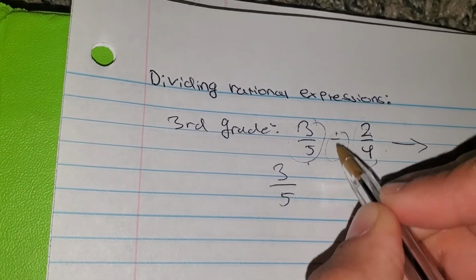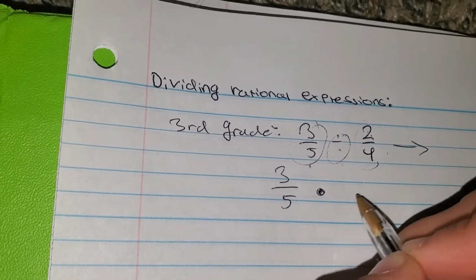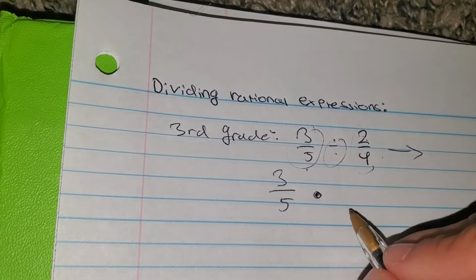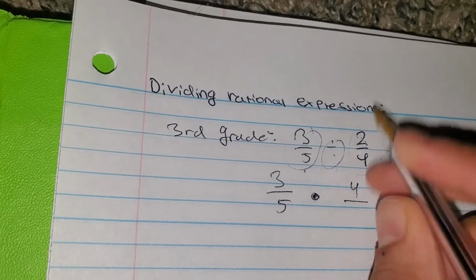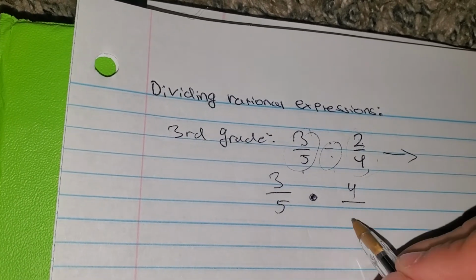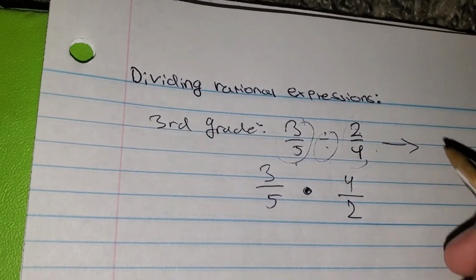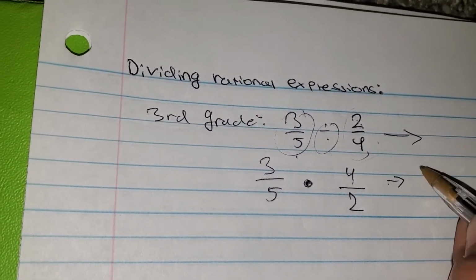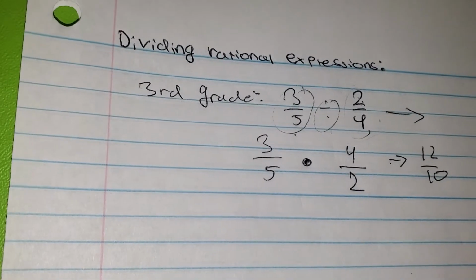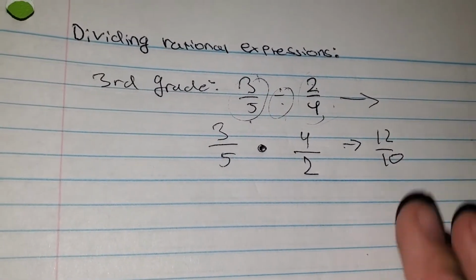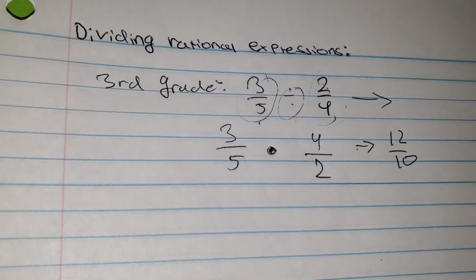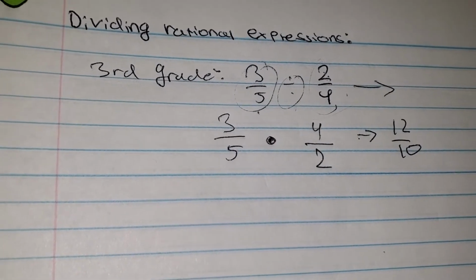We change this division sign to a multiply sign, and we flip the second fraction. Then we have 12 over 10 as our fraction. And oops, you guys can't see that. My bad. 12 over 10 is our final answer.